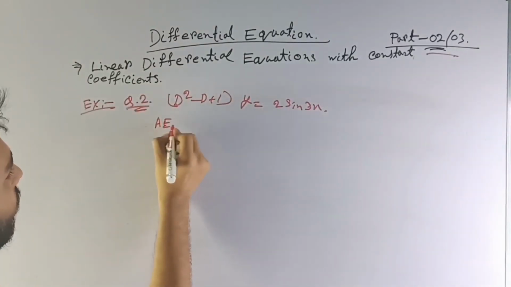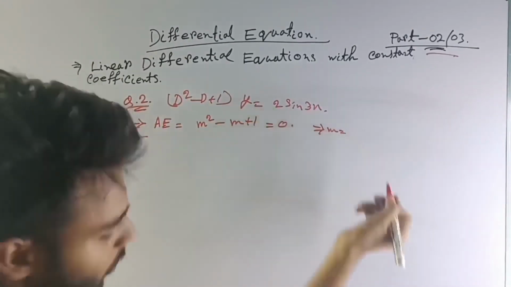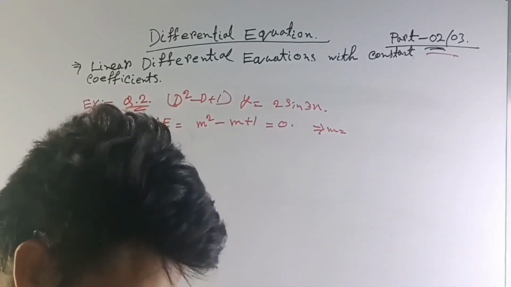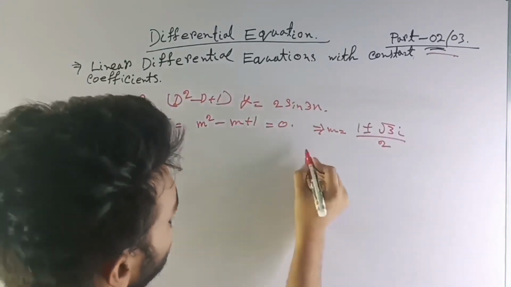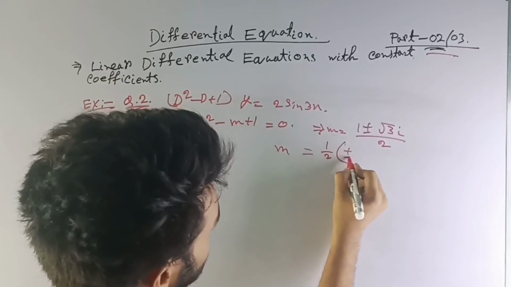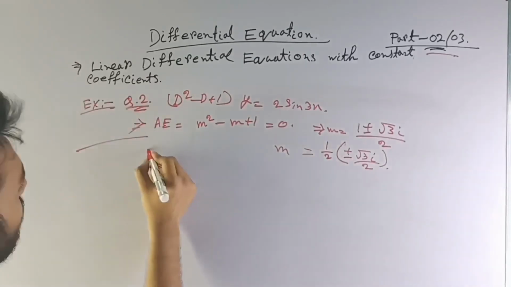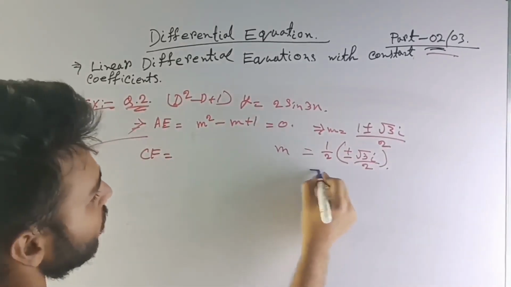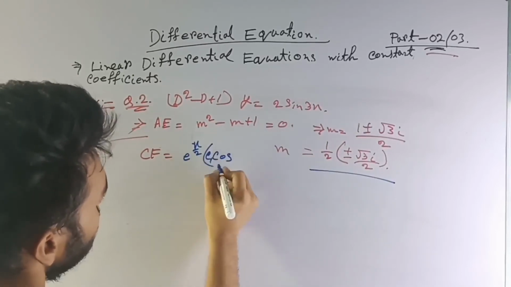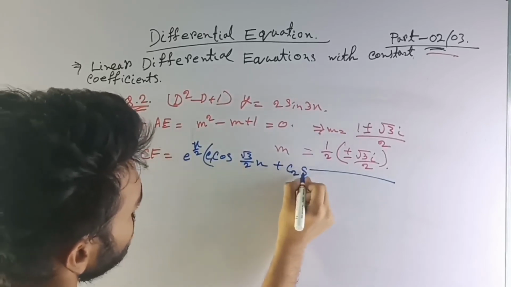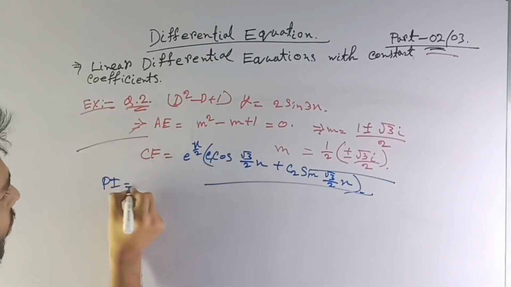The auxiliary equation is m² − m + 1 = 0, that means m equals (1 ± √3 i) by 2, so m = 1/2 ± (√3/2) i. So the CF equals e^(x/2) (C1 cos (√3/2)x + C2 sin (√3/2)x), where C1 and C2 are arbitrary constants.